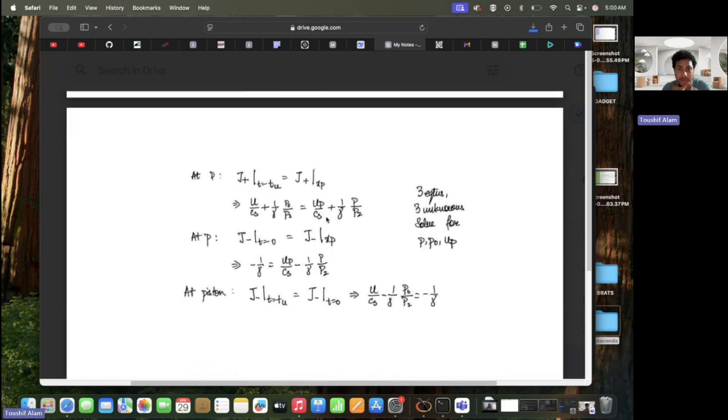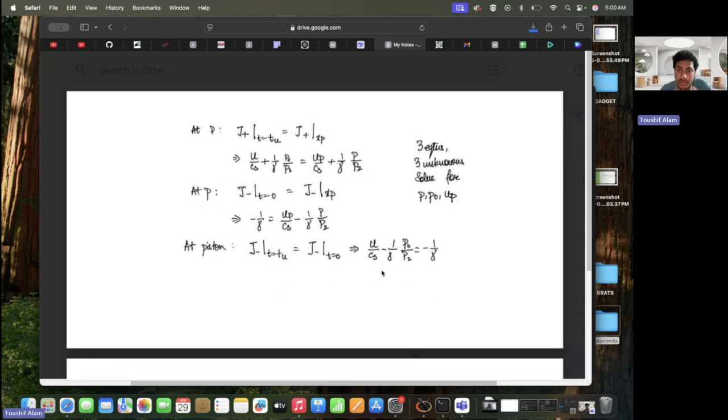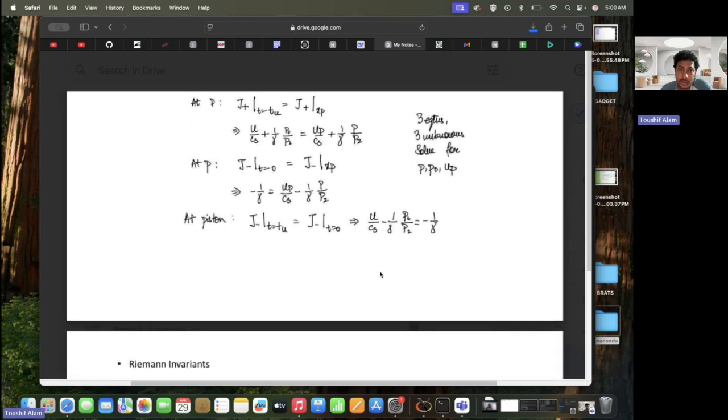J minus at t is equal to 0, J minus at the piston is minus 1 by gamma, U by Cs minus 1 by gamma P by P2. Three equations, three unknowns: the values for P, P naught, UP. At the piston, J minus at t is equal to 0 is U by Cs minus 1 by gamma, P naught by P2 minus 1 by gamma.